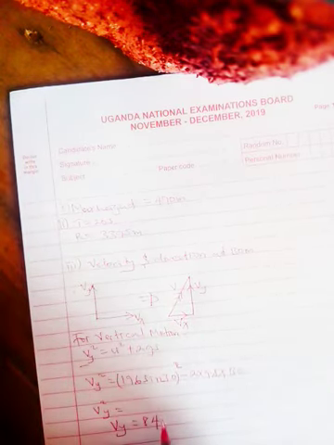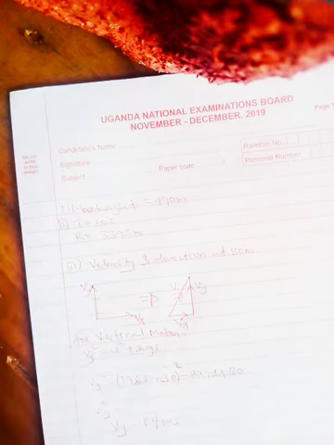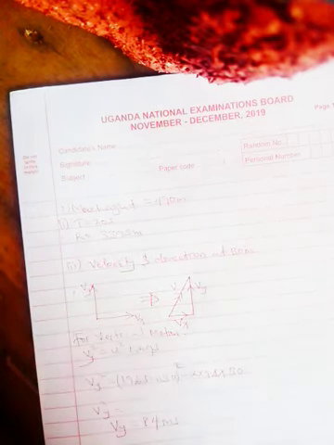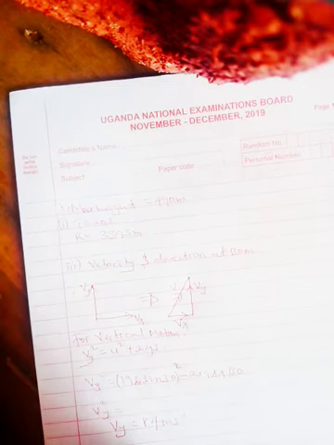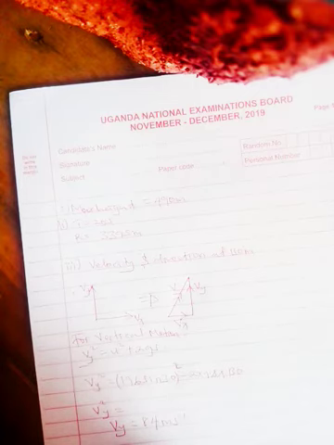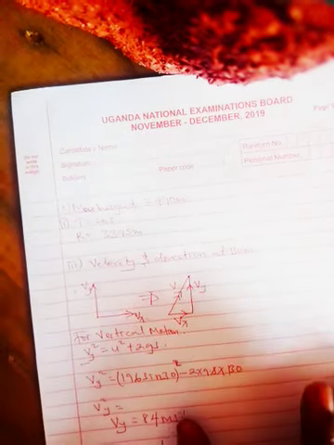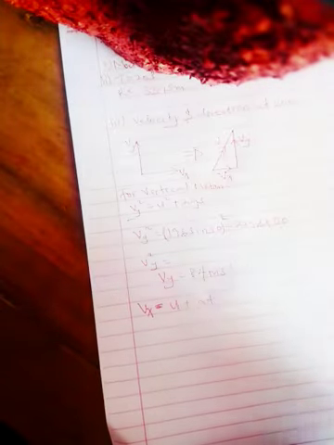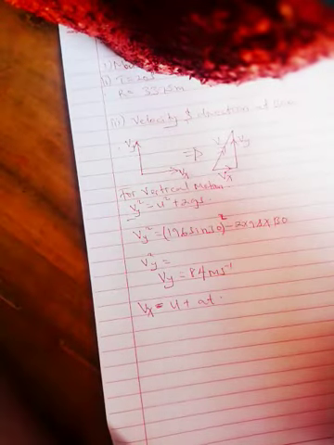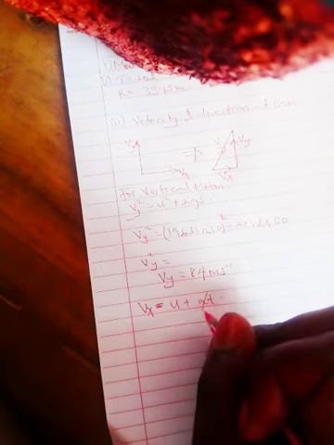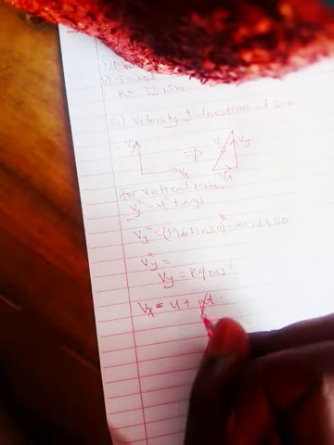So, you get the horizontal component of velocity. This horizontal component is Vx. Remember, we can get it from V is equal to U plus at. But we said that acceleration in horizontal motion is always 0, which means this component will be 0.